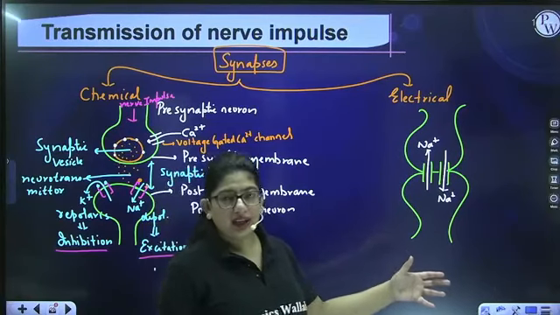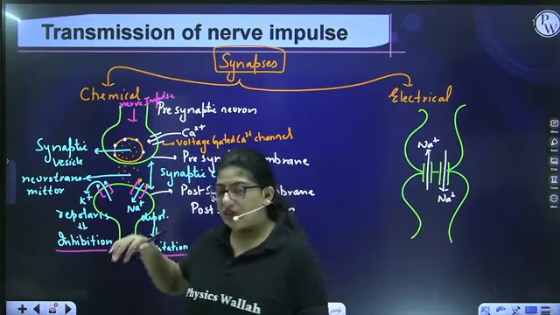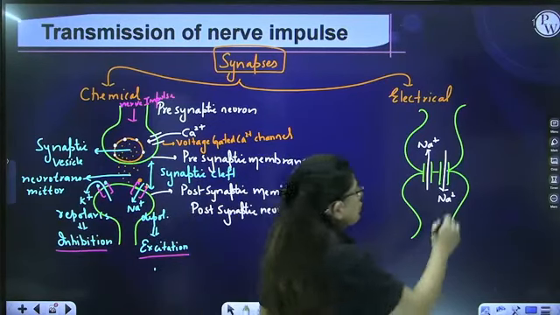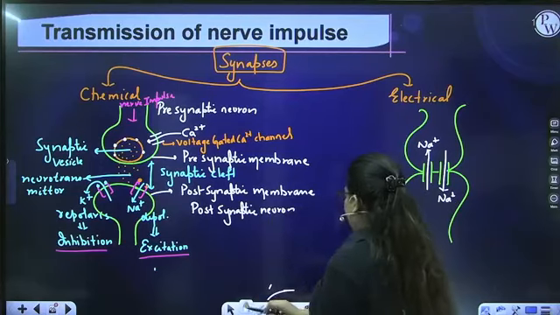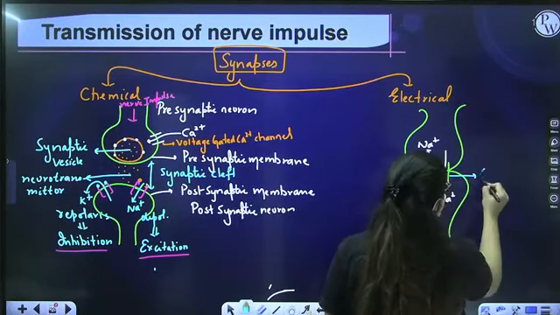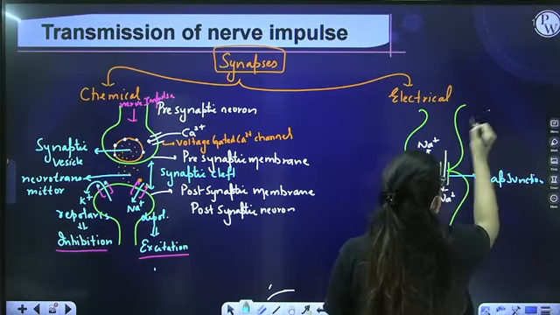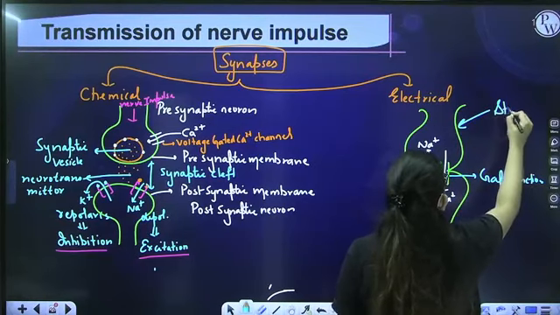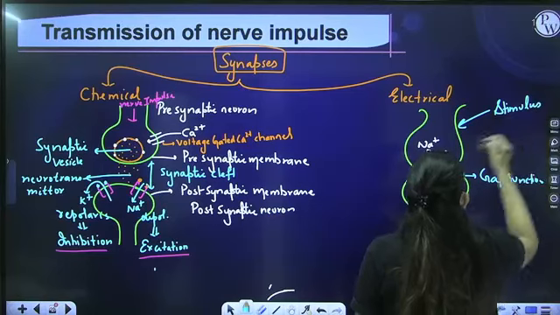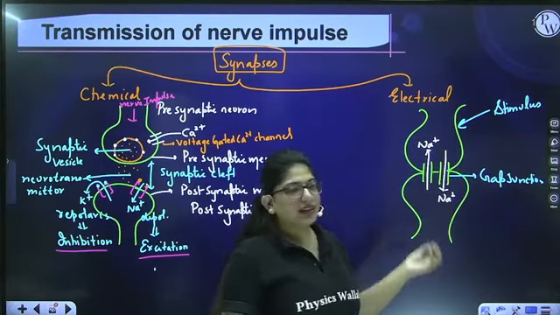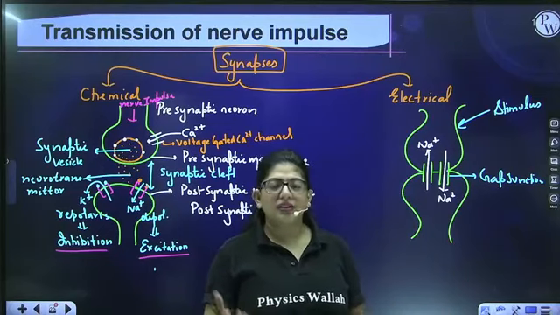So what do you think? Will the chemical or the electrical one be faster? In the electrical synapse, there are just gap junctions present. So if the stimulus arrives on this neuron, it can easily cause depolarization of the next one by sending the sodium ions. So simply, there is nothing to do.